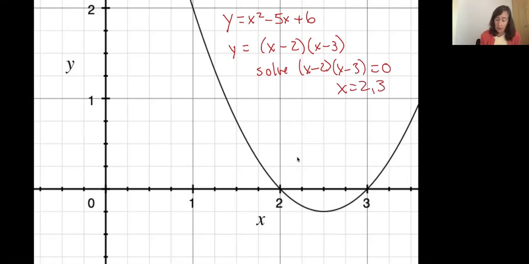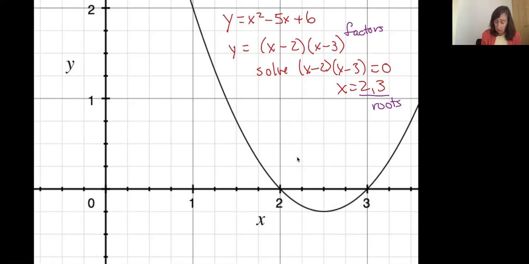And just to refresh some nomenclature here, these expressions are the factors. So x minus 2 is a factor, x minus 3 is a factor, and these we might call the roots. The values of x that make the whole quadratic form equal to 0. The whole quadratic form here is what we're assigning to our y value when we make it a function.